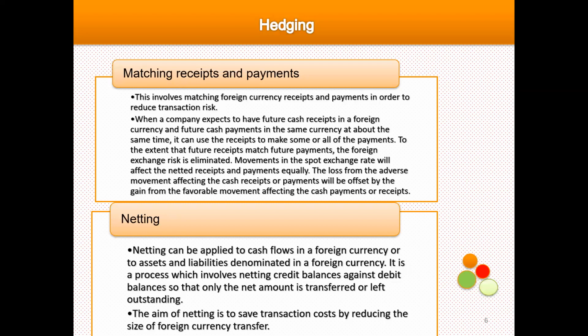To reduce transaction risk, the Ghanaian company will take the foreign currency payments, which is in Chinese yuan, and match them against the foreign currency receipts, which is also in Chinese yuan, to reduce any form of transaction risk. I hope that makes sense. Does it make sense? It's pretty straightforward. Yes, please.